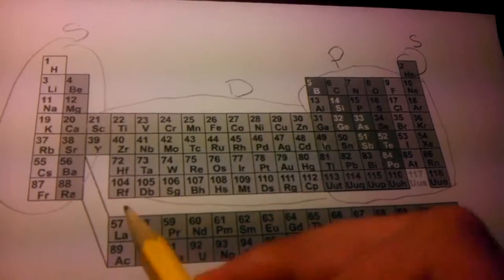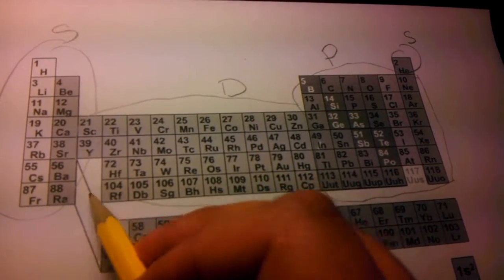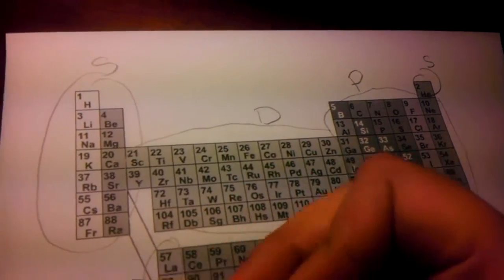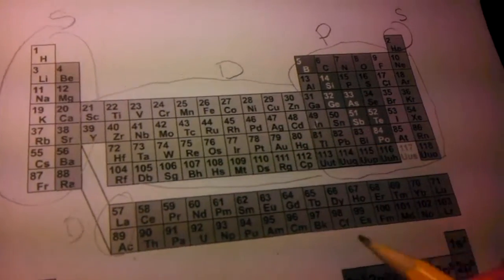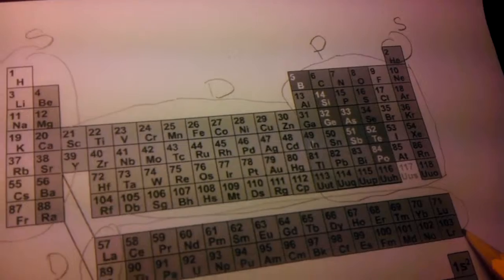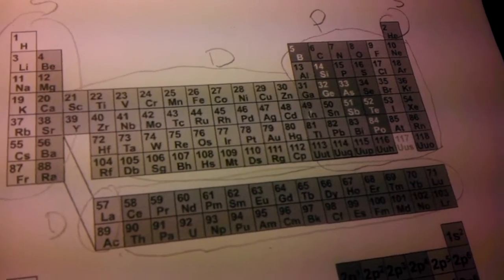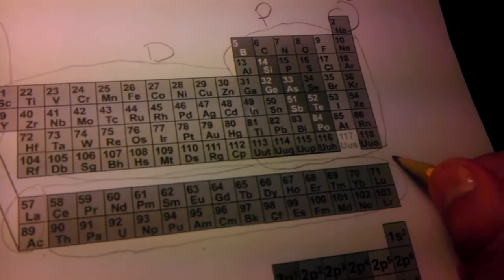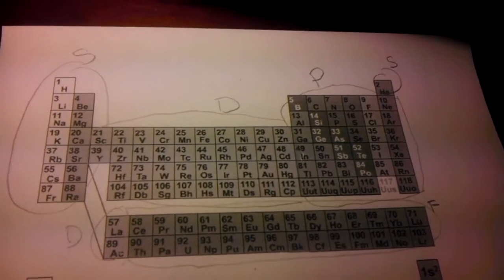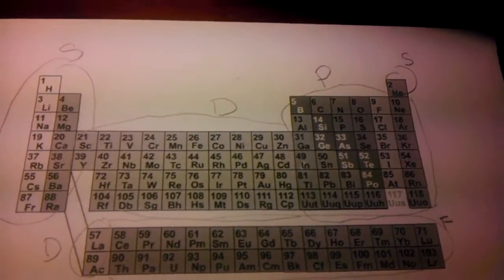And since these two were pulled from the transition metals and brought down into here, these two are considered D. And all of these are considered F. So those are the main parts you have to remember. If you remember all of those, you're basically set.